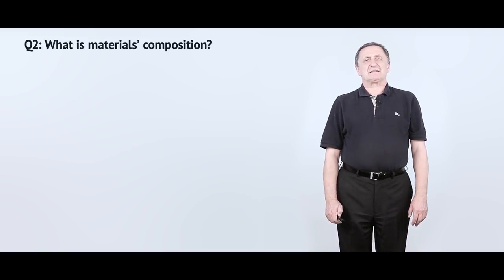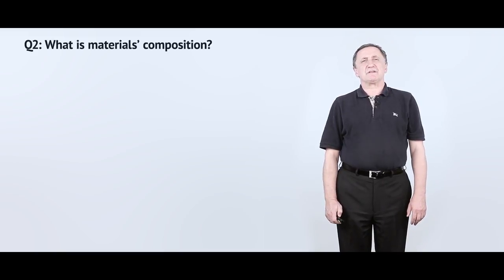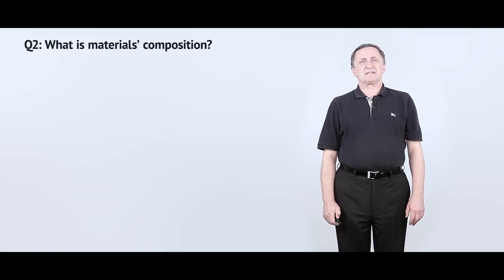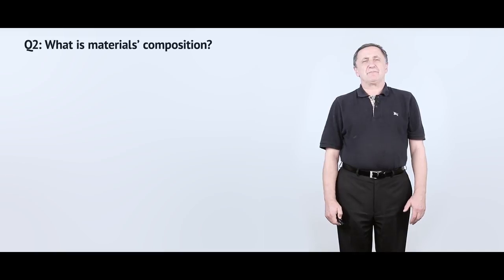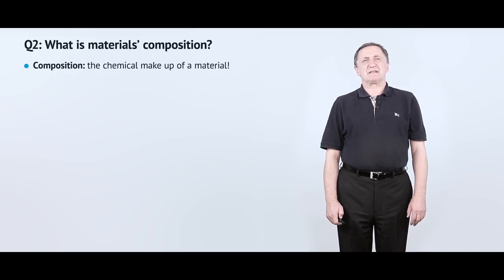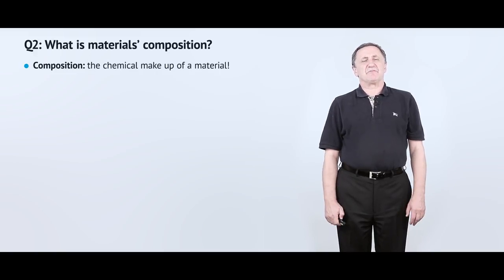So let's ask the next question: what is material composition? The simple answer is that the chemical makeup of materials, or the elements which we can find inside our material, in some sense define the material composition. So composition can be very simple.